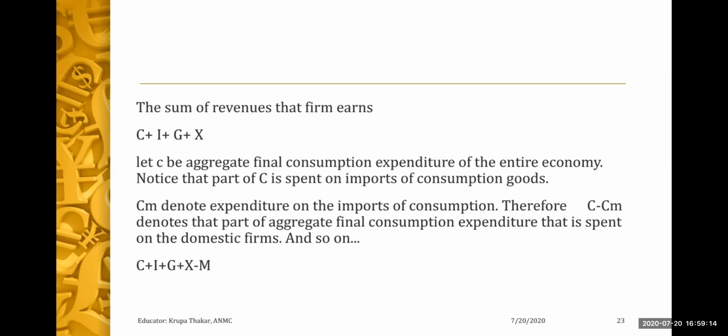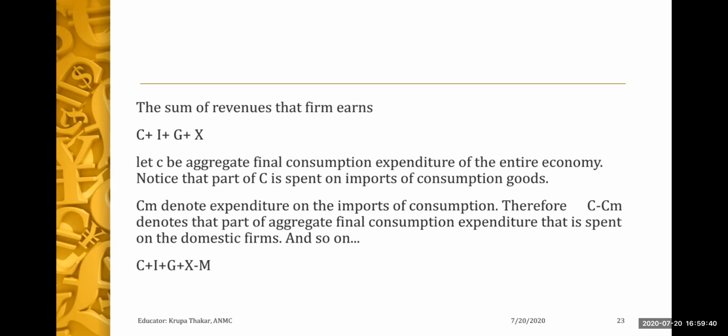Many a times we are also importing the goods and then consuming it. So the part of C, we have to include the imports of consumption goods. CM will denote the expenditure on import, and C minus CM is when we want to find out how much of the expenditure is spent on the domestic alone.